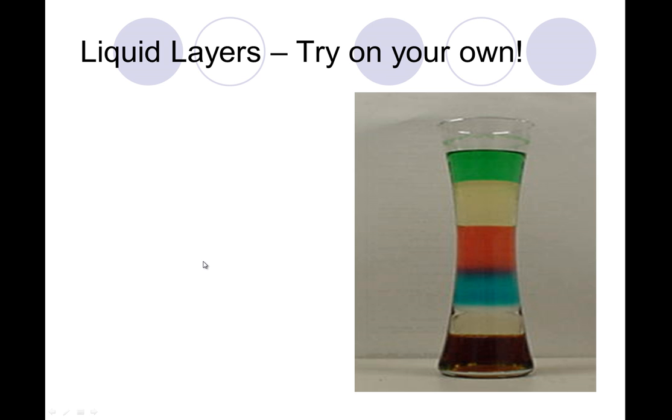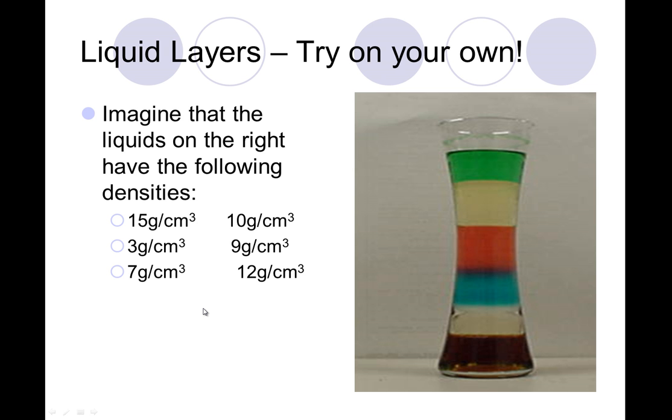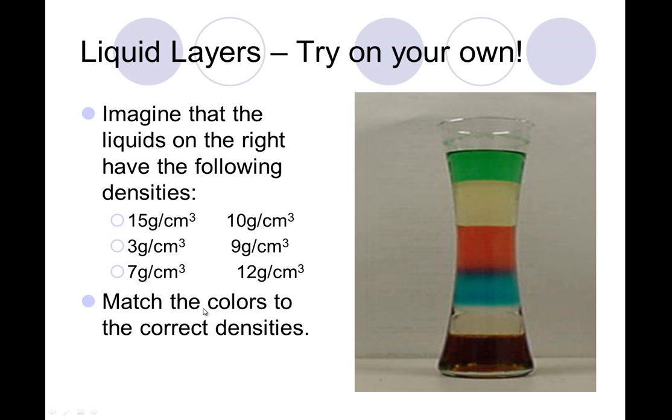Alright, I want you to try this one on your own, so be sure to stop and match the colors to the correct density. Feel free to pause and draw this if you'd like. Okay, let's see the answers. Did you get it right? I'm sure you did.